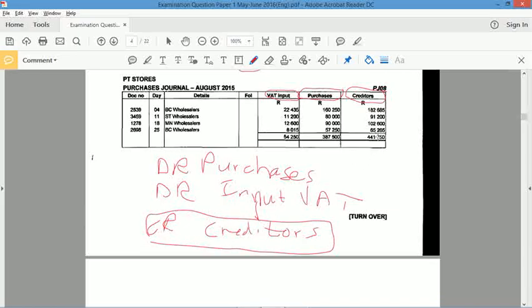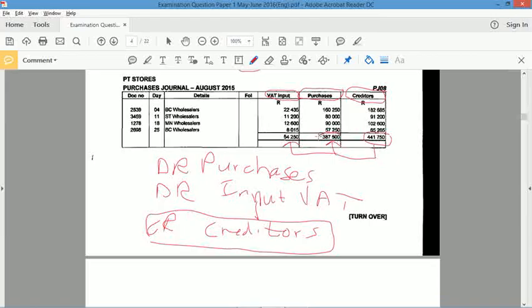Okay, so this amount is the VAT inclusive amount. This is the VAT exclusive, and that's the VAT. Right, so do you agree in terms of the amount outstanding, the creditors are owing 441,750, and that comprises the purchases and the input VAT.